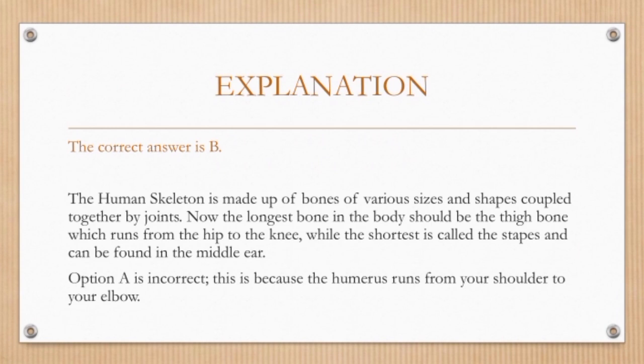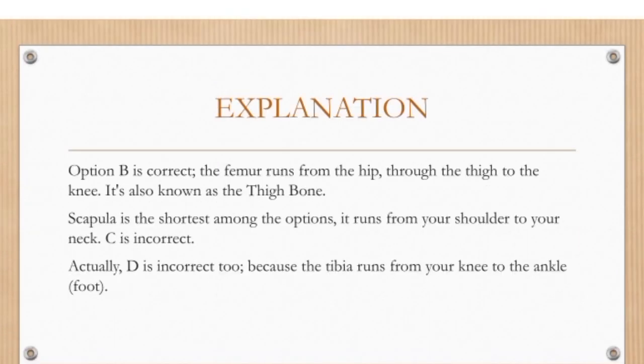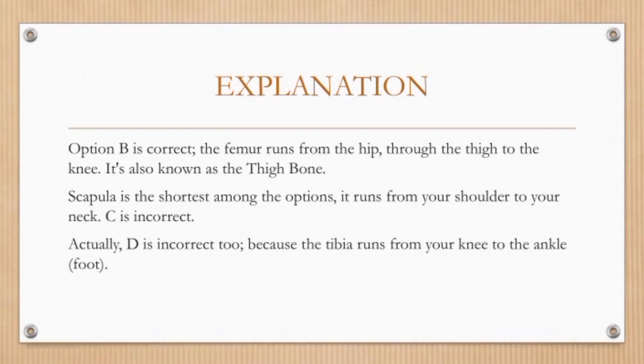A is incorrect because the humerus runs from your shoulder to your elbow. B is correct, which is the femur. The femur runs from your hip to your knee.